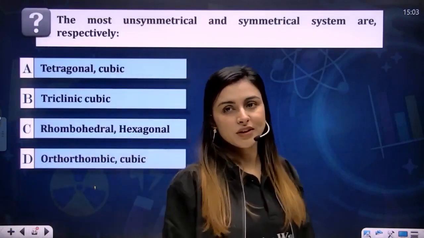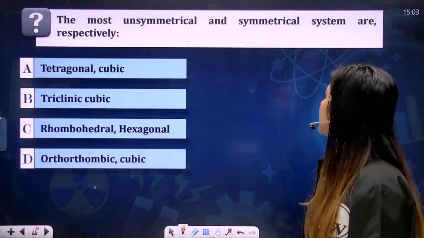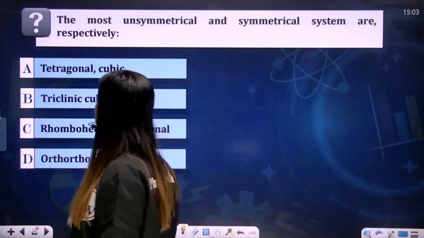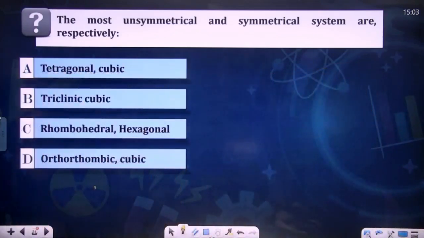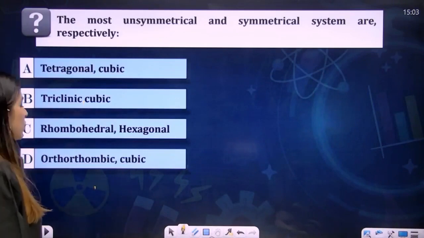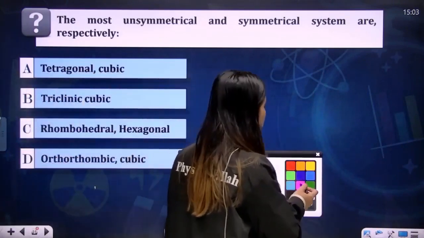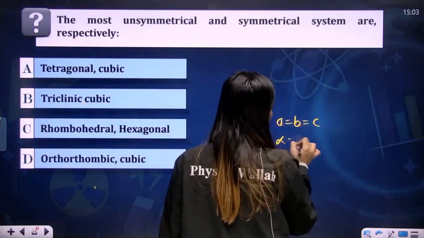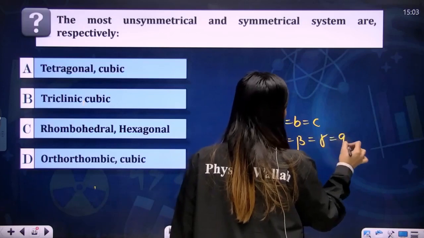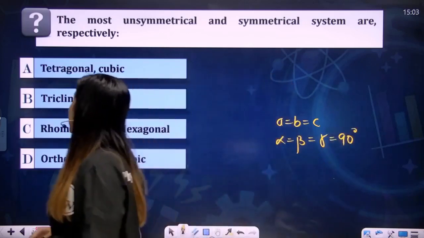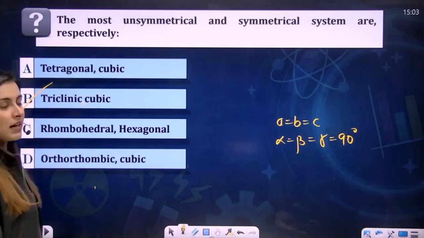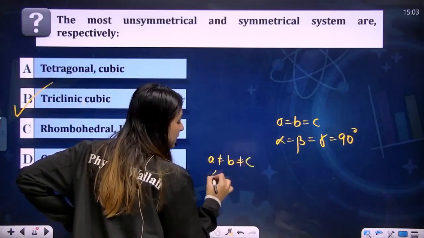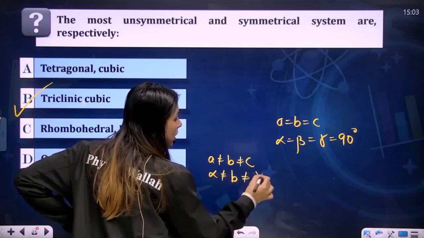The first question says that the most unsymmetrical and the most symmetrical system are respectively. You have to tell which is the most unsymmetrical and which is the most symmetric. My dear students, the most symmetric is cubic crystal system, because it has a = b = c and alpha = beta = gamma = 90 degrees. And triclinic is the most unsymmetric, because in triclinic a is not equal to b is not equal to c, and alpha is not equal to beta is not equal to gamma.